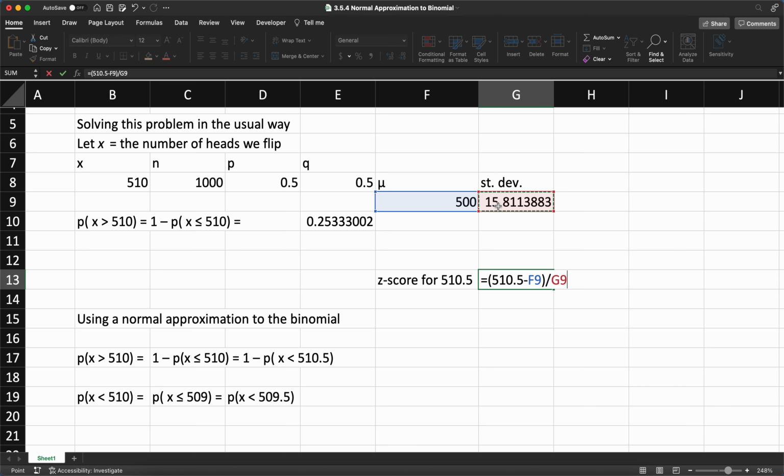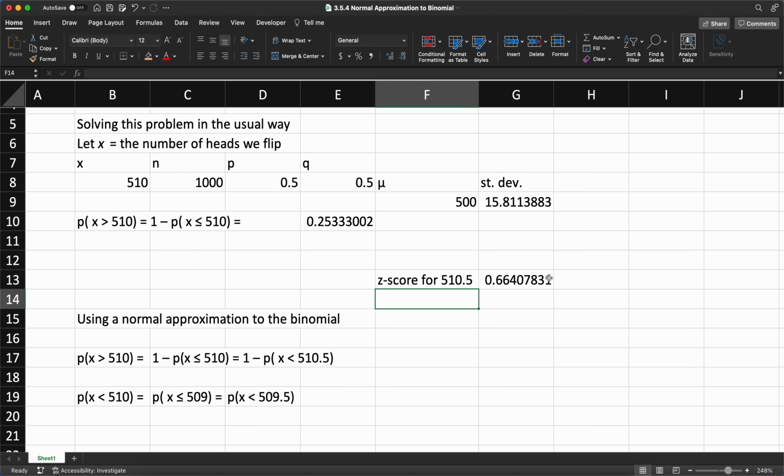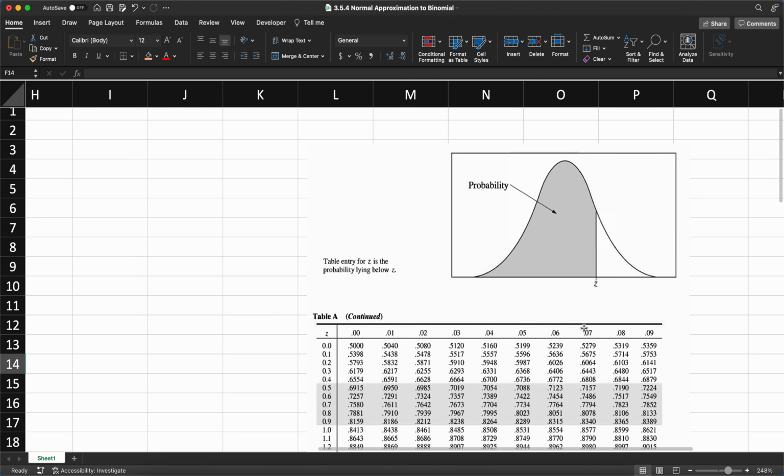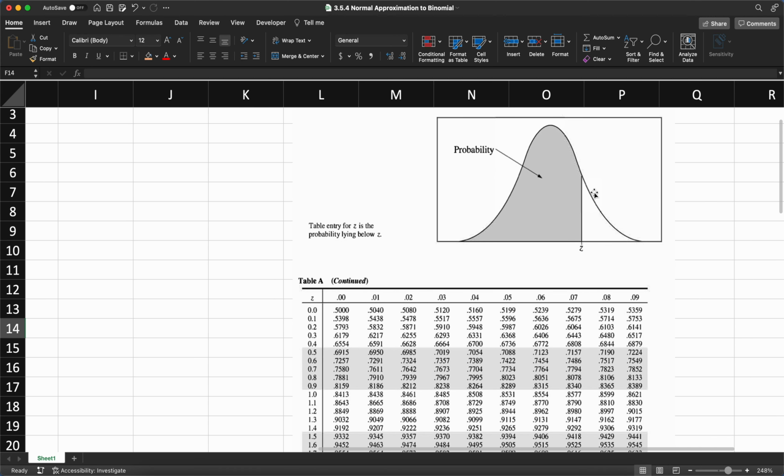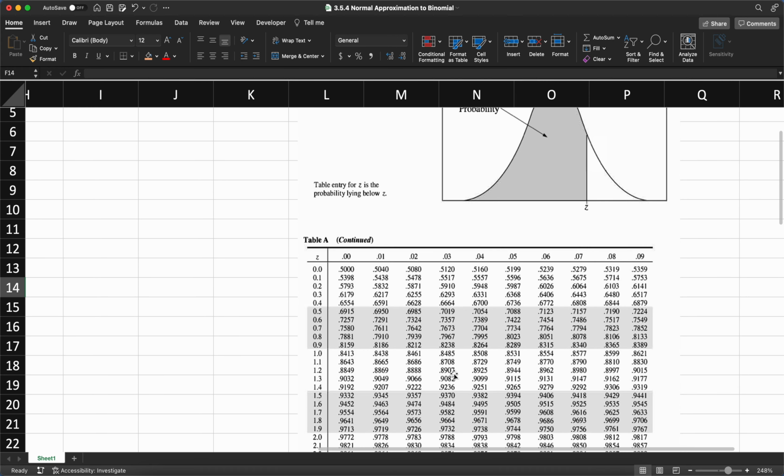Again, this is a calculation I could do by hand. I'm using Excel to help me do it right now. And I get 0.664. And I really only need it to 2 decimal places, in this case 0.66, because I'm going to use this table, which gives me the probability below a certain z-score.